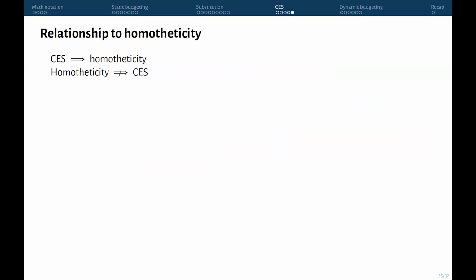And note that because the elasticity of substitution has to be defined for it to be constant, without that wrinkle we noted before, preferences have to be homothetic for there to even locally ever be an elasticity of substitution. So they certainly have to be homothetic to be CES. But homotheticity does not imply CES. CES is much more restricted.